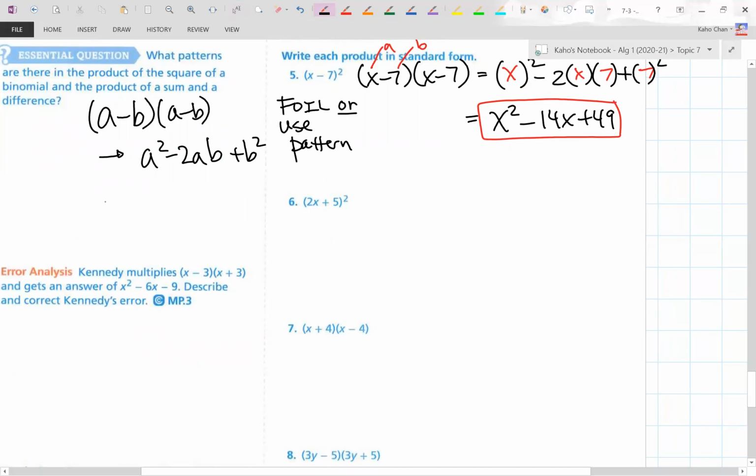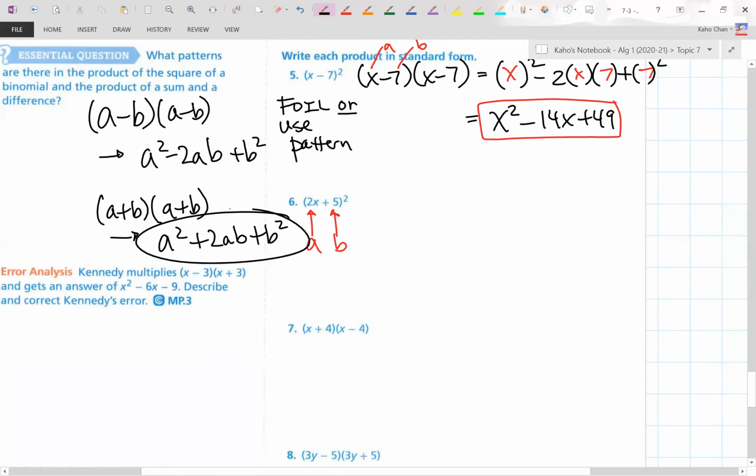Next one, we have our sum. Okay, let's write that formula down. A plus B times A plus B is basically the same thing, but with a plus sign everywhere. Guys see the pattern? All right, in this case, our A is 2X, our B is 5. Plug it into that pattern.